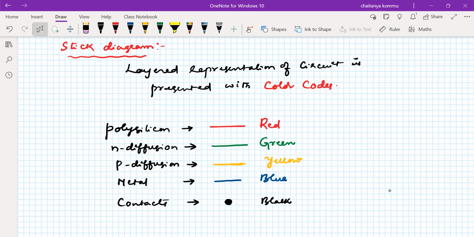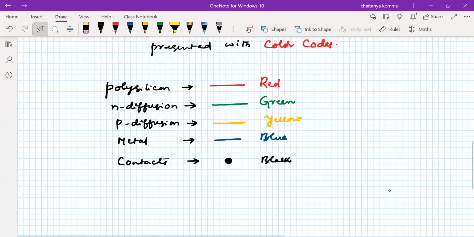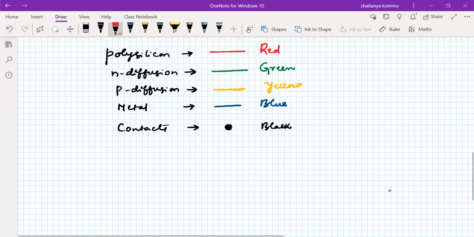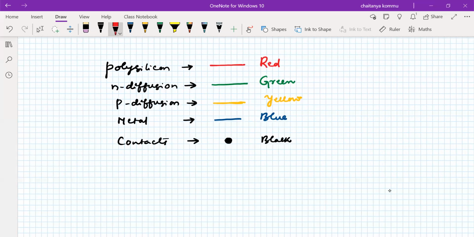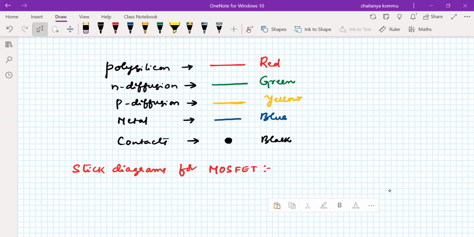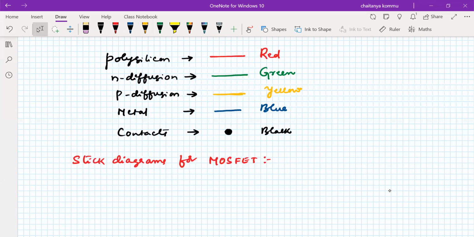How do we draw this one? Let us look at this one. Okay, stick diagrams for MOSFETs.